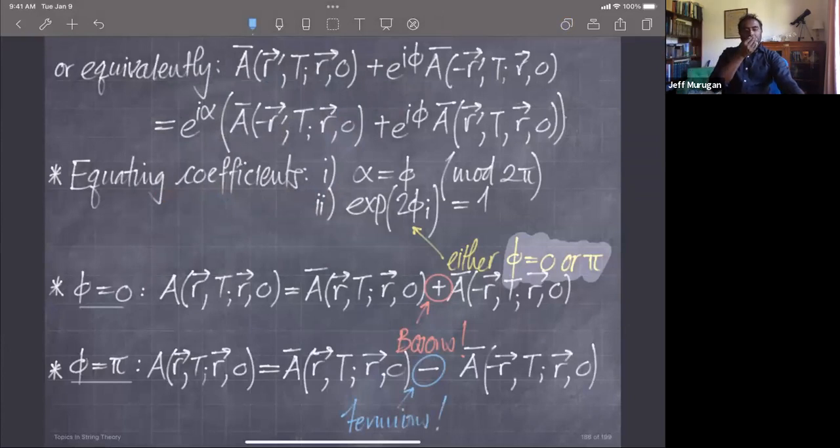So in 3 dimensions, the path integral gives us a really neat way of understanding how quantum particle statistics arises. It's a question of the two different types of paths that I can have, direct paths or exchange paths.